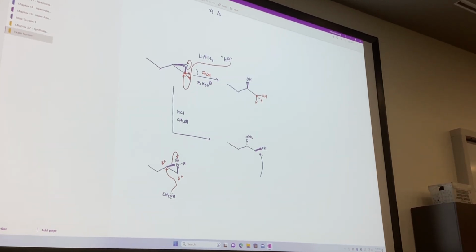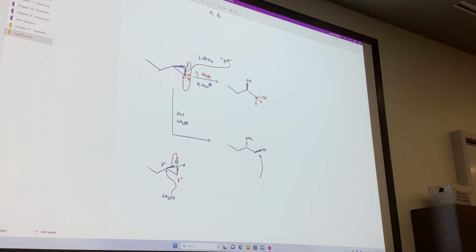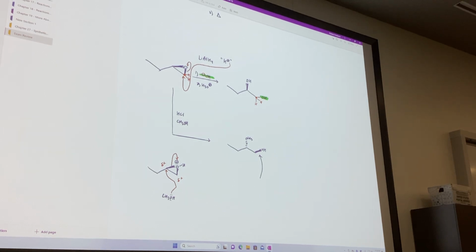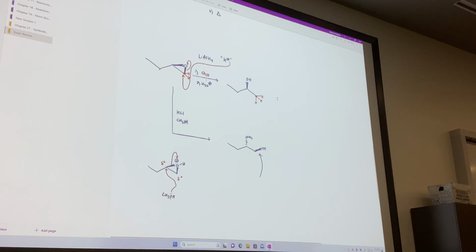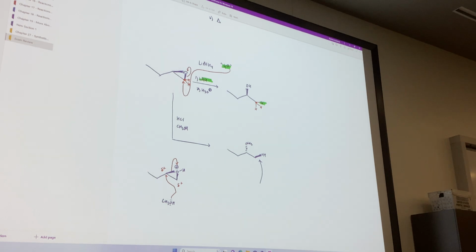But you can get diols from acid or base reaction. Acid or base, exactly. So we just have to think about it from the standpoint of what is our nucleophile and where does it add, right? And if we go back to this and we say, well, this is our nucleophile, our LAH, that's going to be one of those three.